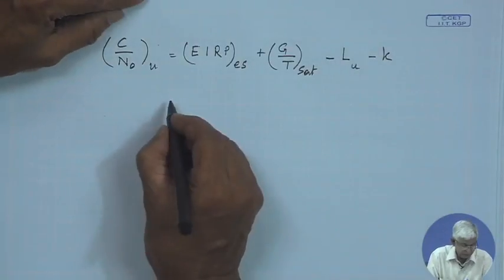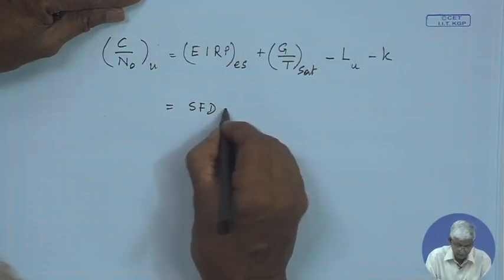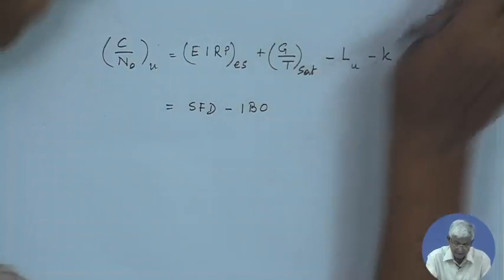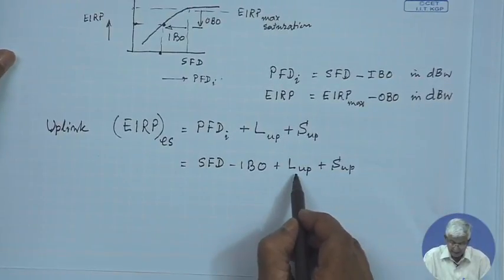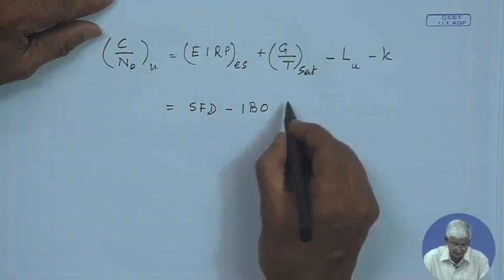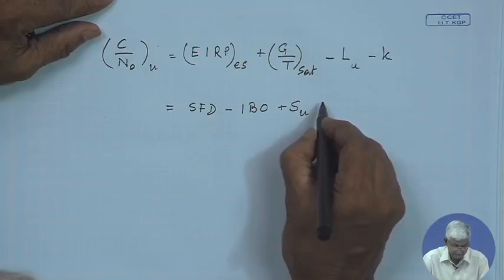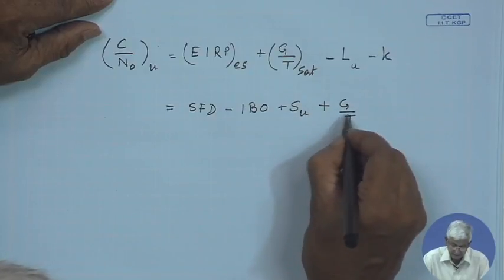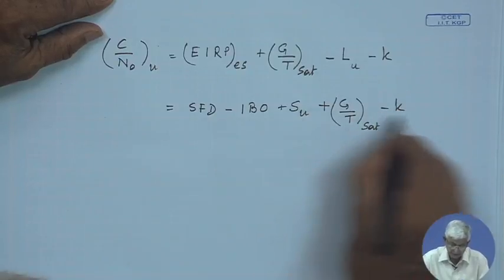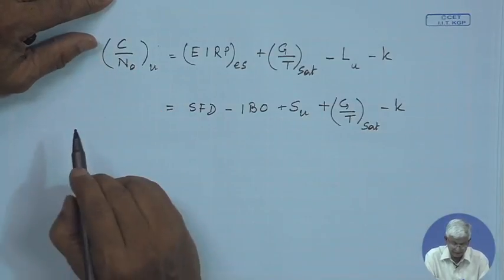So then it becomes SFD minus input back off; L uplink is positive here, and in the C by N naught equation L uplink is negative, so they get cancelled. Then plus S uplink, plus G by T of satellite and minus K. These are all in dB.